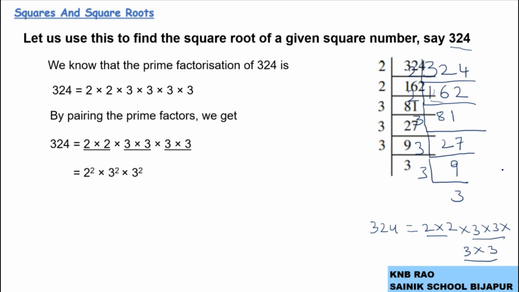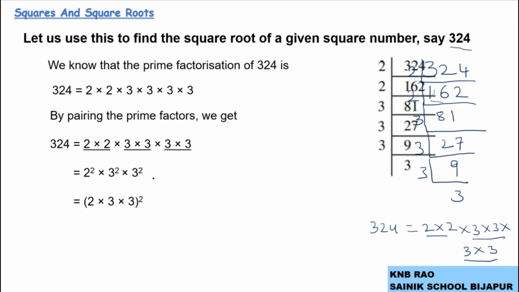Now we can write these pairs as 2 square, 3 square and 3 square, and we can bring them together as 2 into 3 into 3 whole square.